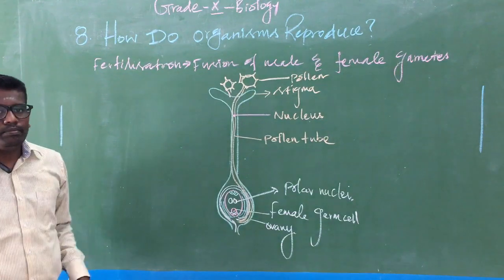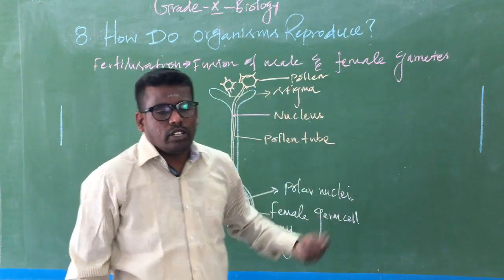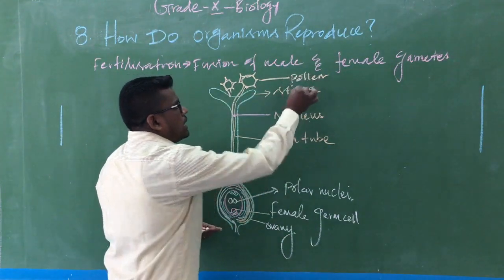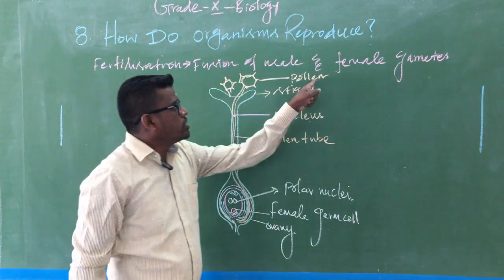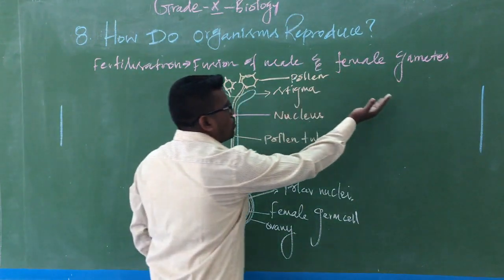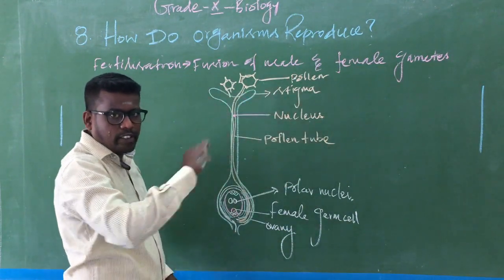Now we see what will happen after pollination. The pollen grain is transferred from anther to stigma, from one flower to another flower of the same kind.